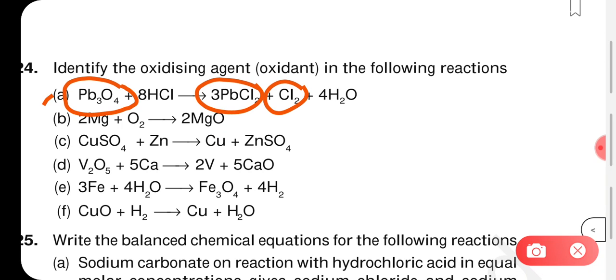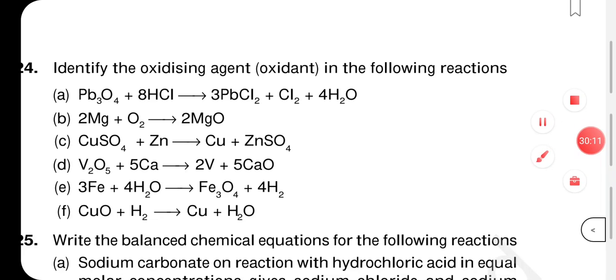Here it oxidizes; there is a loss of hydrogen, and HCl has been oxidized by this Pb3O4, forming chlorine. So what is acting as an oxidizing agent? It is Pb3O4 which is acting as an oxidizing agent.